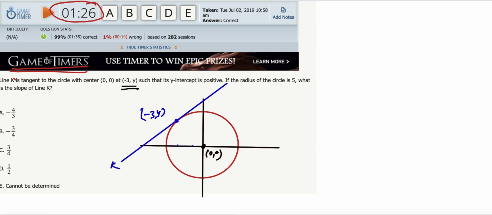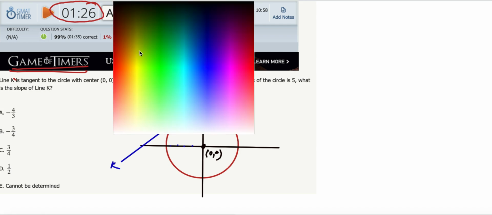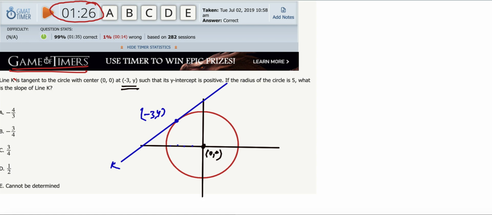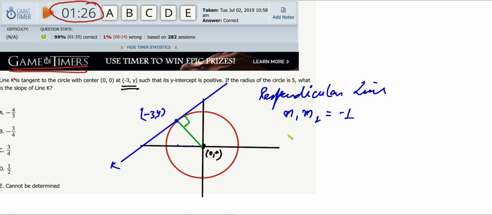The first property we should focus on is that, according to the property of tangents, if the point of tangency is joined with the center of the circle, it always makes 90 degrees. When two lines are perpendicular to each other, there is one more relationship we should be well acquainted with: for perpendicular lines, the product of the slopes, m1 m2, is equal to -1.